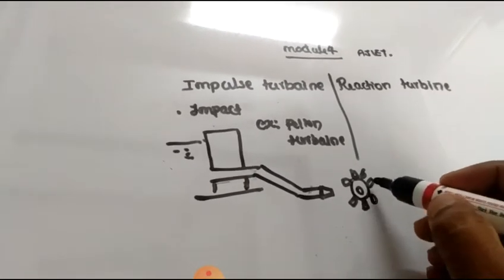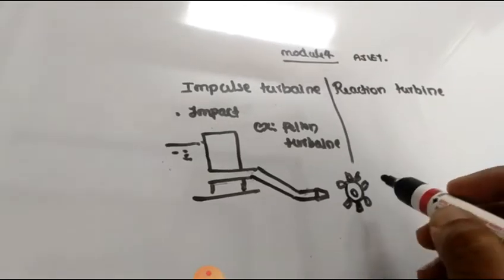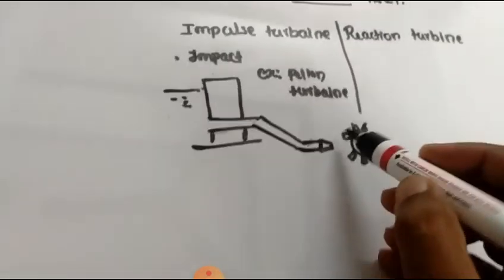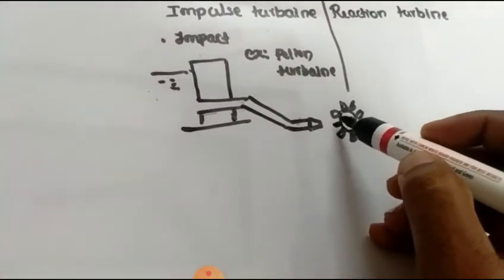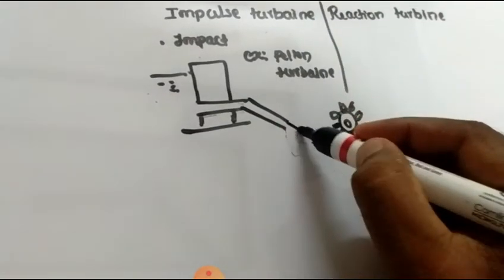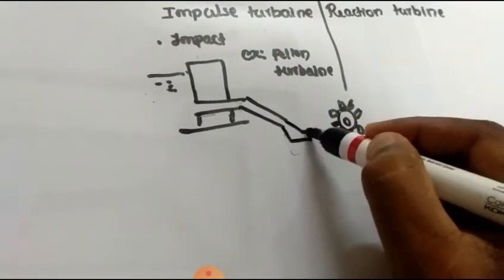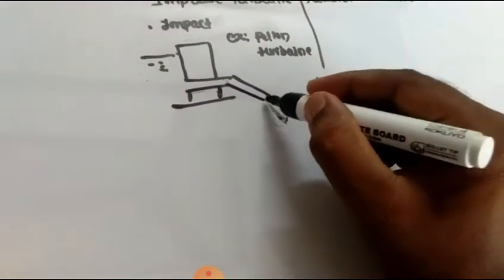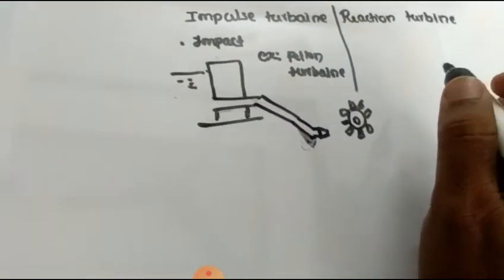For example, when the water is flowing inside the pipe it is in pressure energy, and when it comes out it is in kinetic energy. I will show you that neatly in the diagram. This is the Pelton turbine with penstock pipes. The water is stored on the upstream side and carried from upstream to downstream through this pipe.